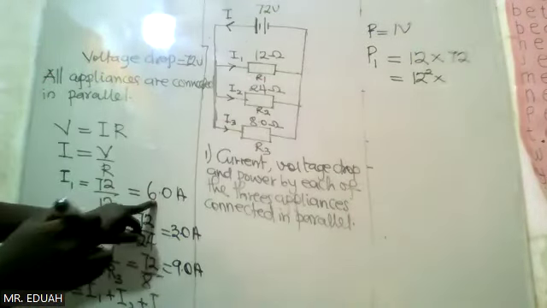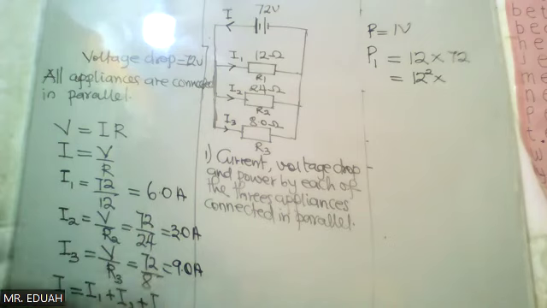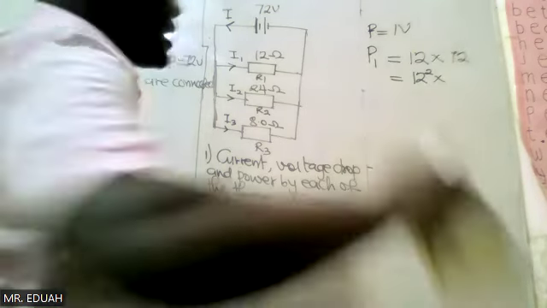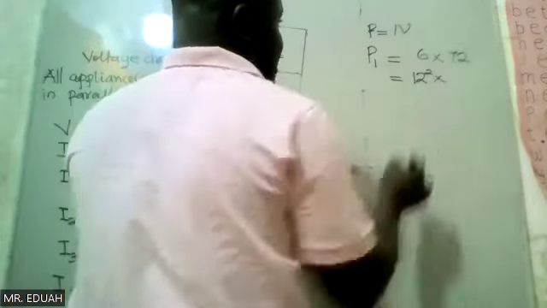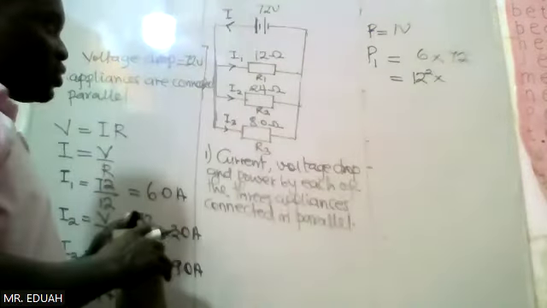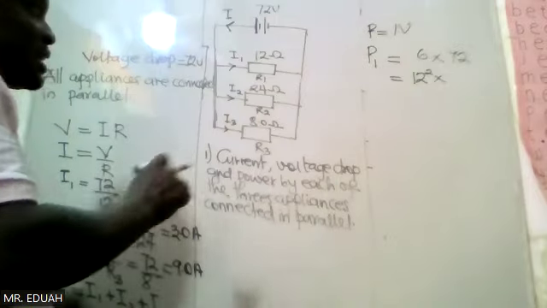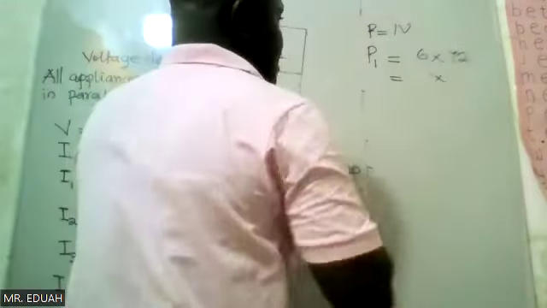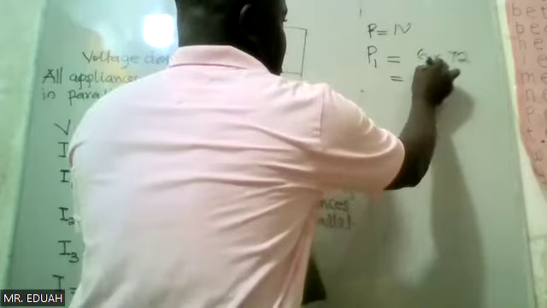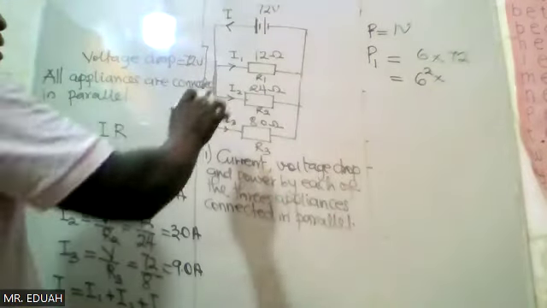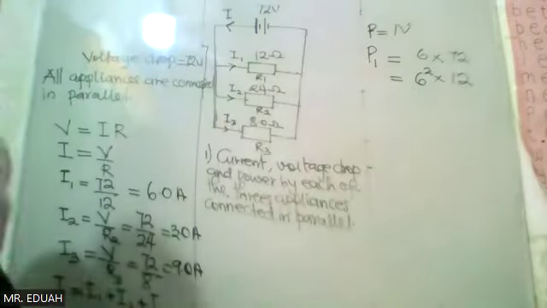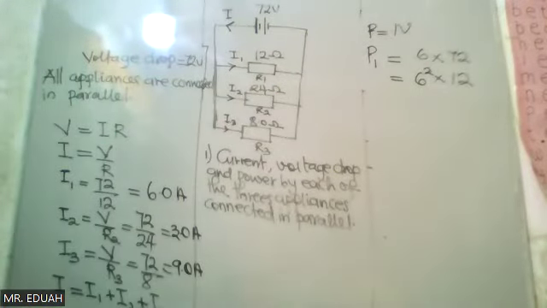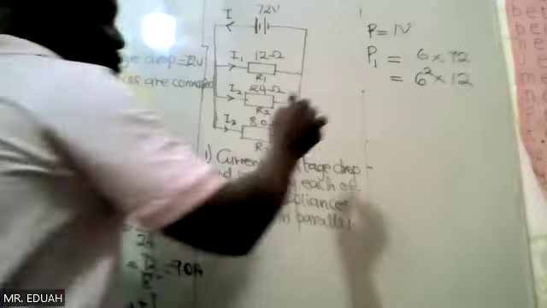Sorry, the current is not 12, it's 6. So 6 times 72. This is also the same as 6 squared times resistance 12. And both must give me the same result. So confirm.